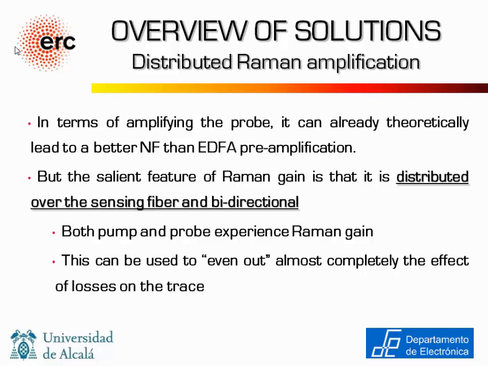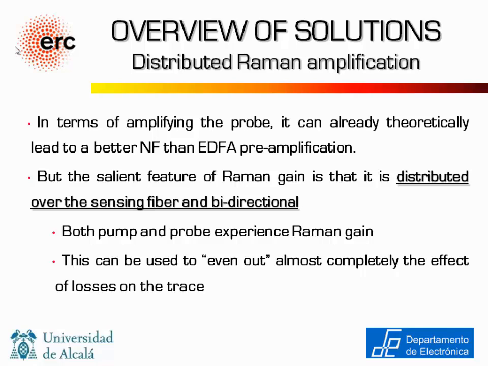You're transferring power to the pump and probe at every section along the fiber under test, and this breaks a little bit the limitations in the expressions of the double exponential that we saw before, because you're amplifying both probe and pump. So your expression for signal variation is no longer what we depicted in the first slide.